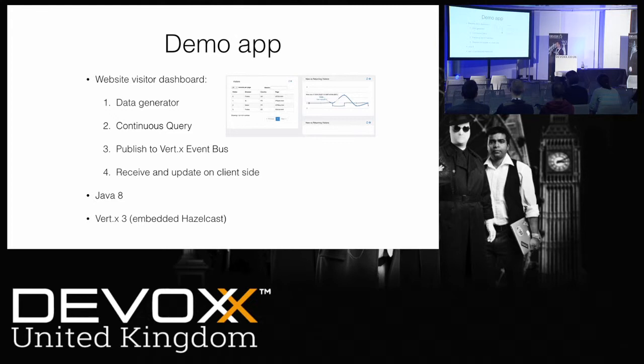I will publish the events to a Vert.x event bus, which will be received on the client side in the browser, and then we'll update the page in real time. It's a Java 8 and Vert.x 3 application. Another interesting thing is that Vert.x embeds Hazelcast for its clustering. So we can use either that embedded instance of Hazelcast, or we can connect to a new one. For this presentation, I'm just going to use the embedded one, because it's simpler.